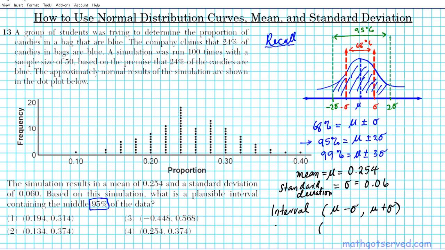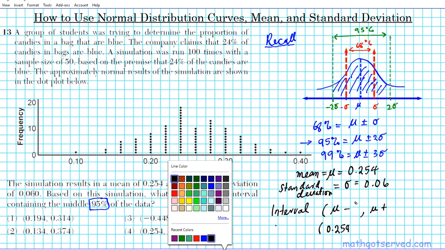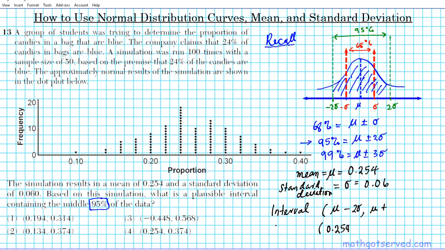So for the lower bound of the interval, we're going to look at the mean 0.254. Actually, we're looking at two standard deviations. I put one. So let's fix that real quick. So minus two standard deviations, plus two standard deviations. What I just wrote is for 68%. We are looking for 95%. So two standard deviations, mu plus two standard deviations. Perfect.